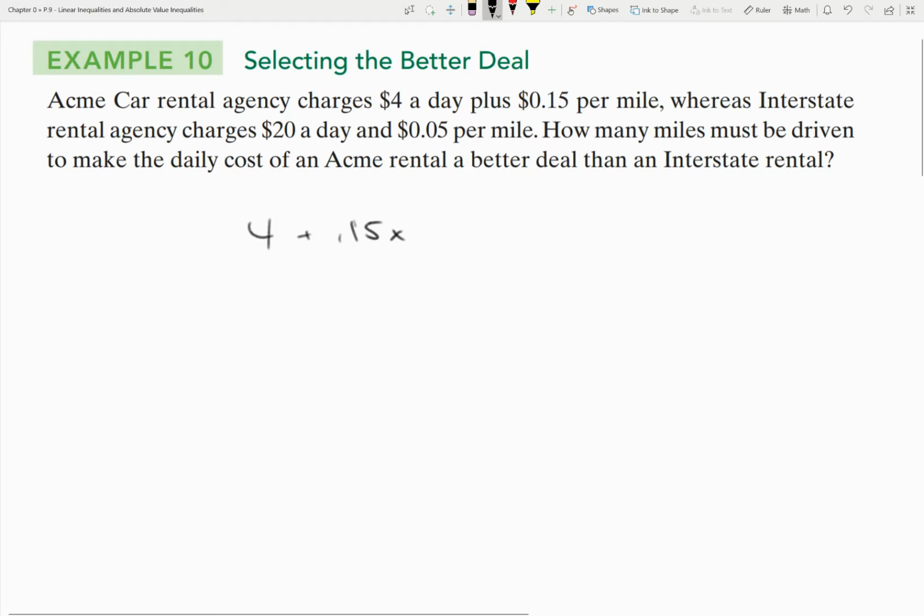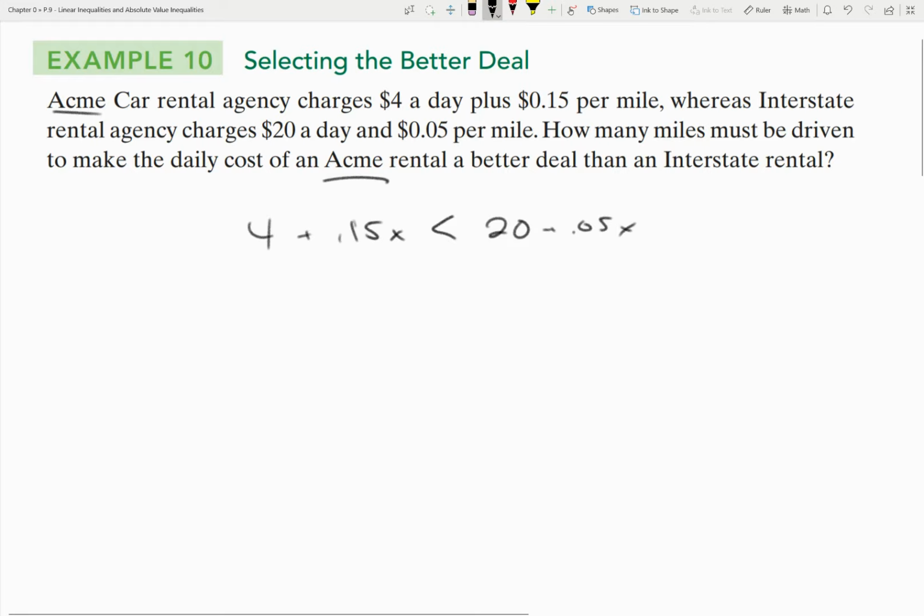How many miles must be driven to make the daily cost? Okay, so I want Acme to be a better deal. So we're going to say, when is this true? When is this cheaper one going to cost less than the $20 a day and 5 cents a mile?